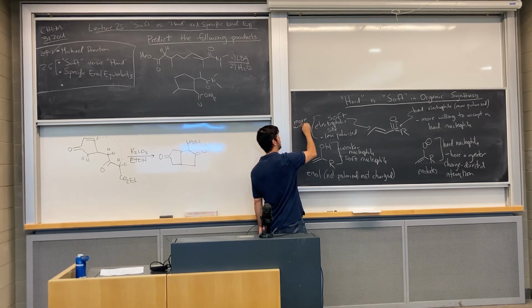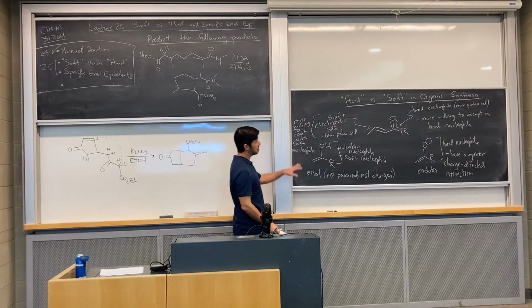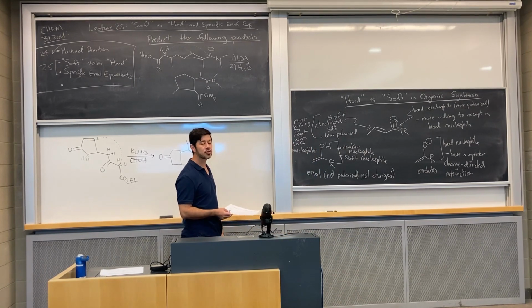More willing to react with soft nucleophiles. So you can see here, perhaps if we're trying to do a conjugate addition, it's probably better to try to use a weaker, softer nucleophile so we don't get that competing 1,2 addition.